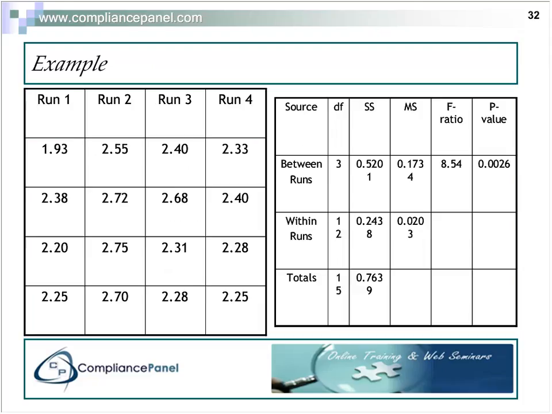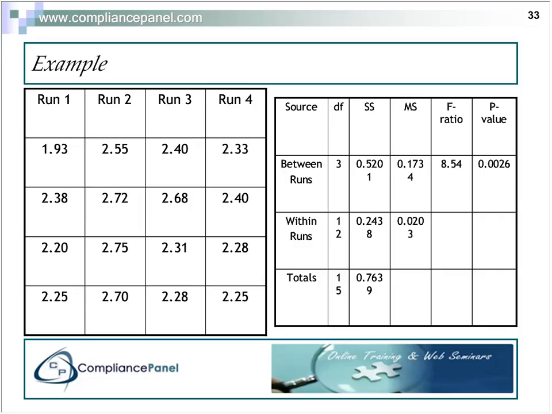Okay, and so that takes us to this particular set of data. On the left table are the 16 different observations. So run 1 has a 1.93, 2.38, a 2.20, and a 2.25. Run 4, 2.33, 2.40, 2.28, and 2.25. So I can now do analysis of variance, and since I have 4 runs, I have 3 degrees of freedom. I have a minus 1, the number of runs minus 1, degrees of freedom. I do this in software.